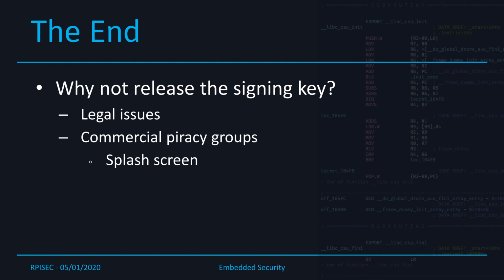The idea was that the commercial piracy groups would basically be forced not to use this signed version of the firmware, because their reputation couldn't handle being seen just obviously stealing this thing.